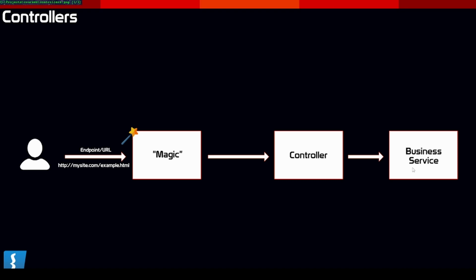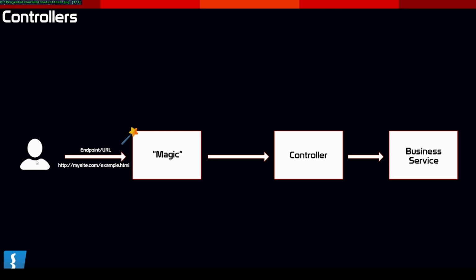And from there we can go to our services that do the business. We can go to our repositories that communicate with the database, and we can do whatever needs to be done in order to control the business flow of our application. After we have done everything, we can return a response that goes all the way back to the user.